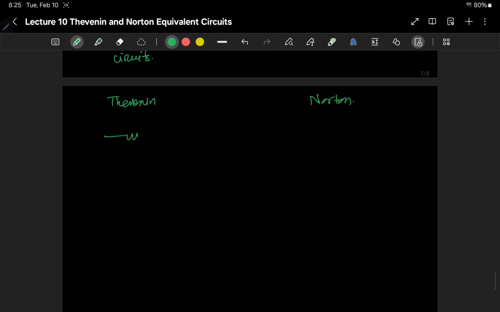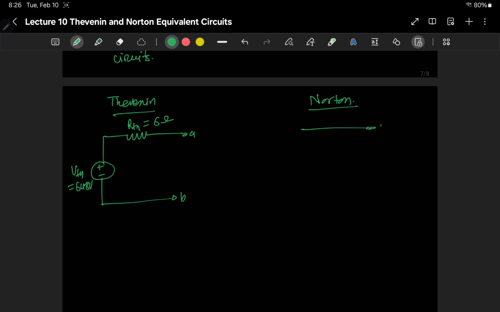So RTH is equal to 6 ohm, and we calculated the VOC, which is VTH, equal to 64.8 volts. This was between points A and B. That is the Thevenin equivalent, and the Norton equivalent will be, between A and B, a current source and a parallel resistor.